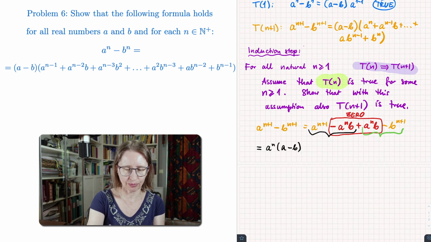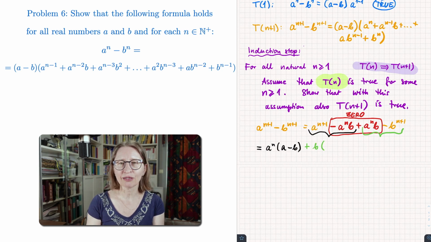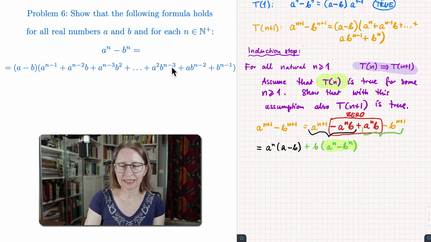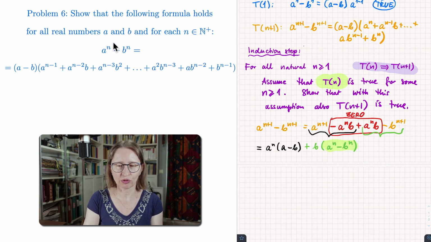This is the first part. And in the second part, I factor out b, and in my parentheses I will have a^n - b^n. And for this one here, I can apply the induction assumption for this formula for a^n - b^n.